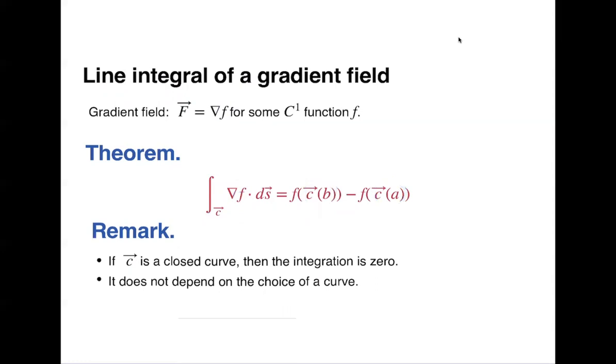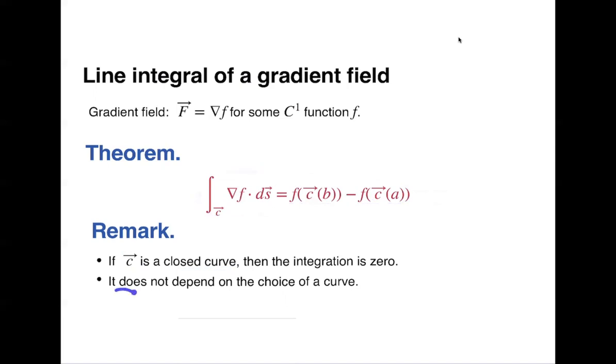One very important thing is, if C is a closed curve, then this integration must be 0, because closed curve means C of A and C of B are the same thing. So these values are the same, so it'll be 0.